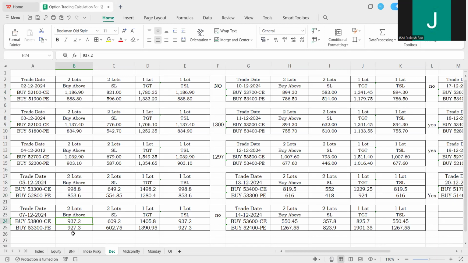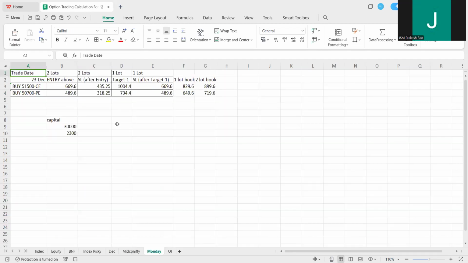So my recommendation was the first target. For example, Monday I have already derived. My first target I am saying on Monday, keep it at 150 points or 160 points.